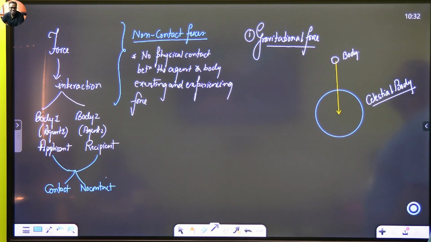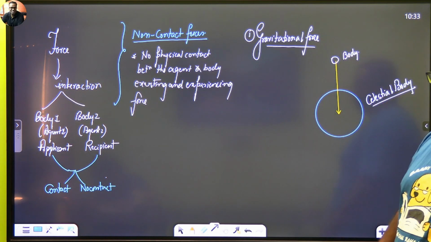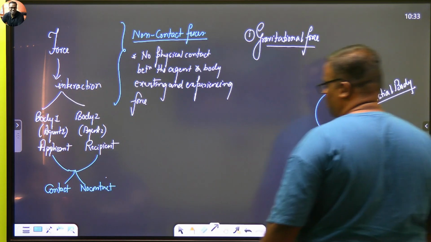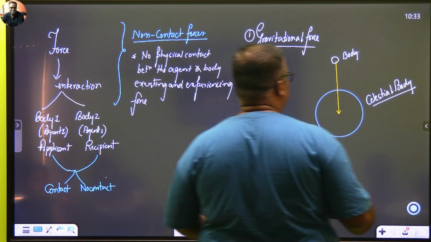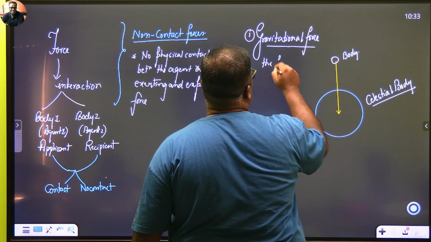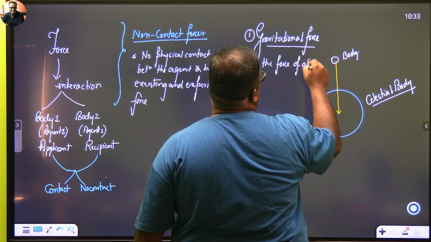Saturn will also do it, some unknown planet will also do. The question is, it keeps varying from planet to planet or celestial body to celestial body, right? So what do we write? Gravitational force. In your book it will be written as Earth, but we can write the force of attraction.